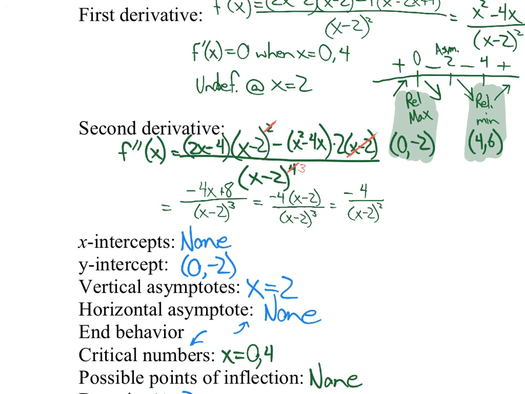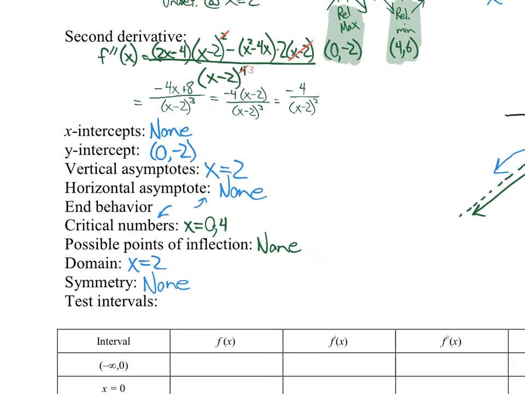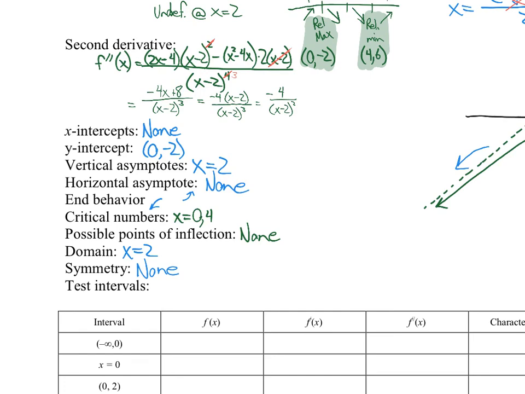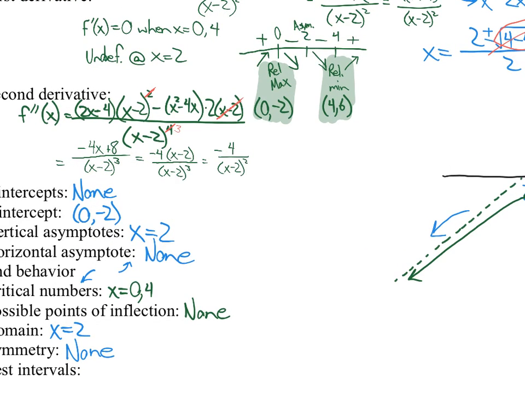Okay? So when will this equal 0? Never. That's why we don't have any points of inflection. And the only time it's undefined is when the original function was undefined as well. So again, we have no points of inflection here. But if we did do a sign diagram, we would put a 2 here because that's where the function's undefined.